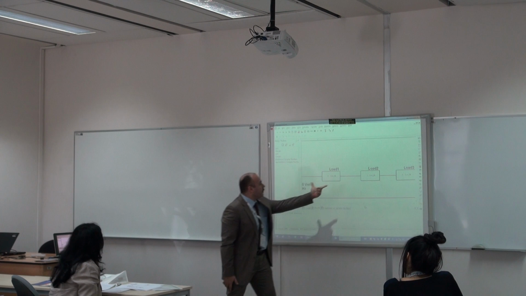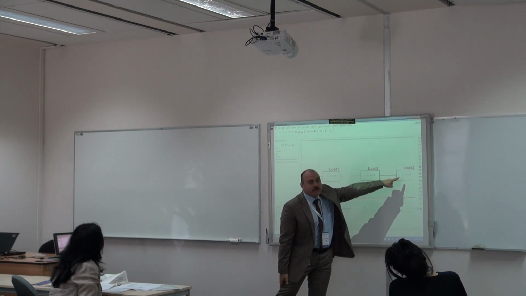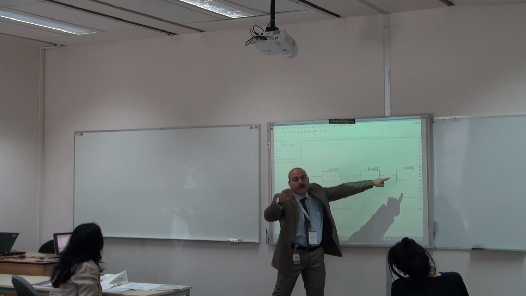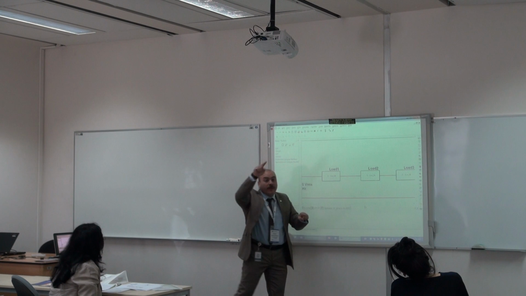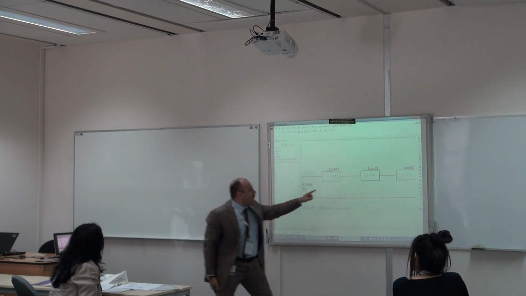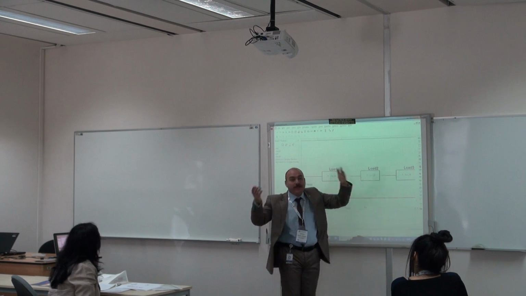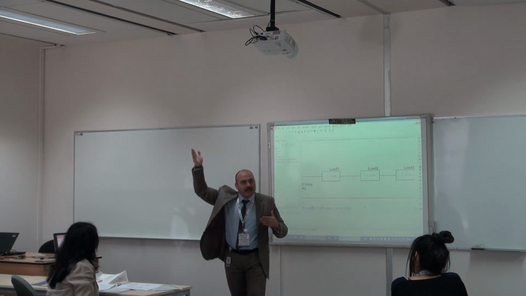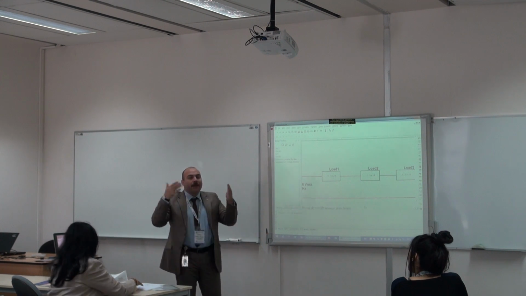The student will add these two loads and then change the value of the third load by using the conjugate value. For example, if the total of these two loads is 2 plus 2j, he will change the third load to 2 minus 2j. This way, the imaginary part will be cancelled, so the total load will be a real value, and we'll get the maximum power.